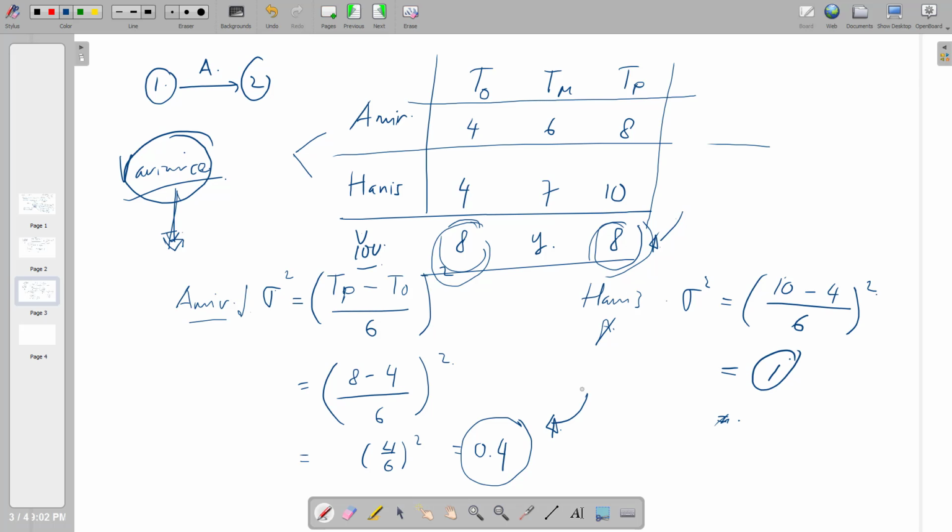Right. Sorry, sir. Can you repeat why we choose the smaller variance? Okay, here's the thing. In the real implementation, will you rely on someone? Let's say that you are having an IDP with your friend, and the task is to purchase equipment.